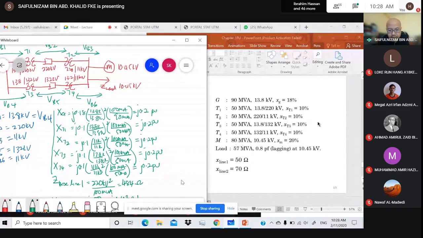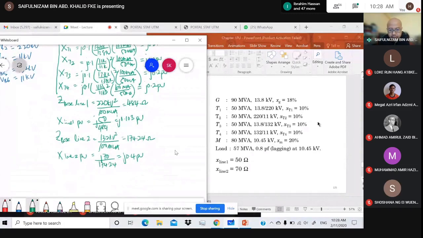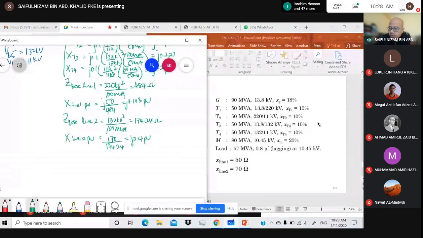The motor is given in per unit. So XM equals j0.2, 20% in old per unit, equal to 0.2. What is the kV old for the motor?